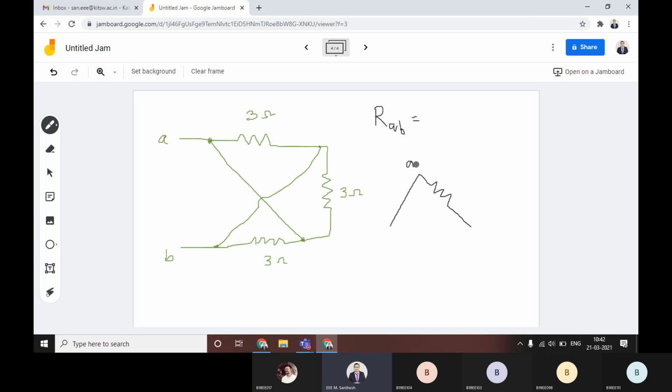This is A for suppose, then there is a 3 ohm resistor.